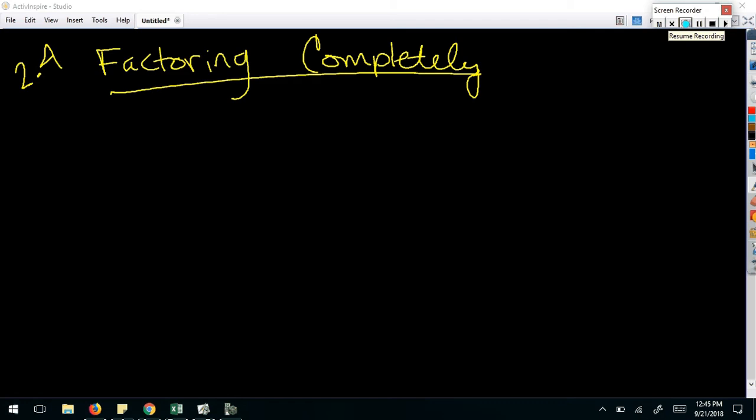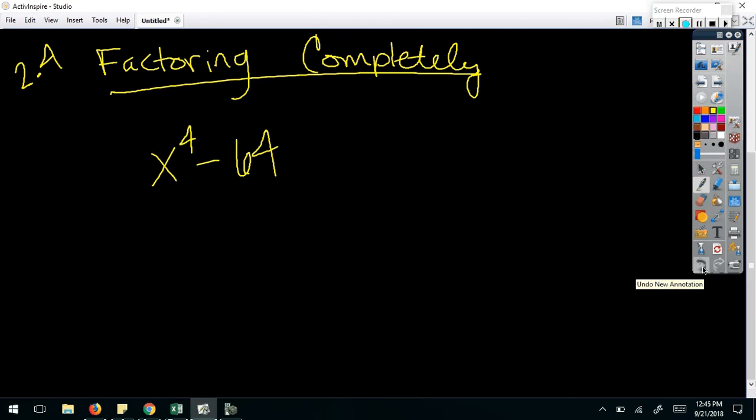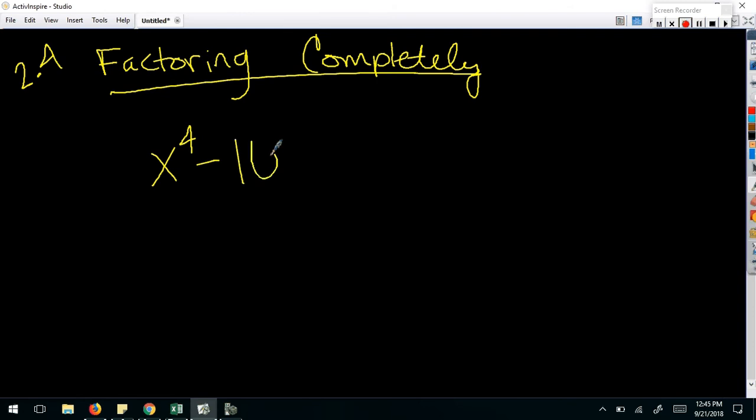You really already do this, you just don't really know that you do it. When we factor completely, what that means is, for instance, if I asked you to factor this, what would you tell me?